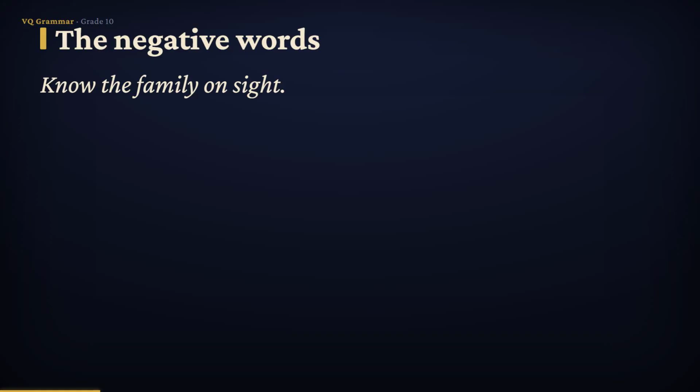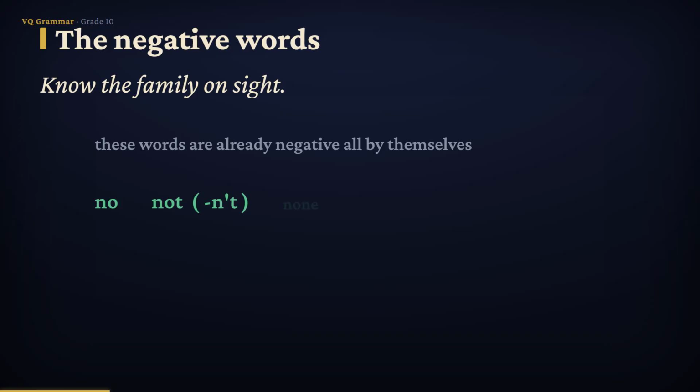Before we can dodge double negatives, we have to know which words actually count as negative. Here's the family. First, no, not, and none. And remember that a contraction ending in N'T, as in didn't or couldn't, is simply the word not in disguise.